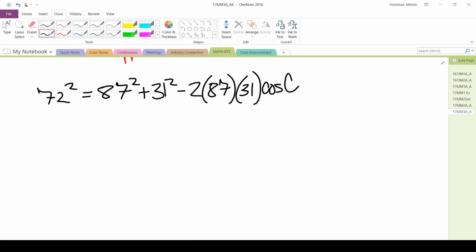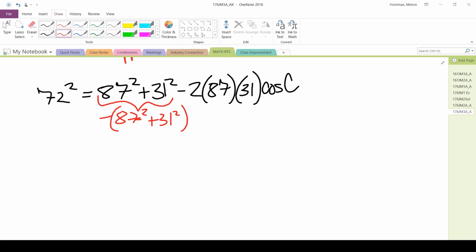So if we want to solve for C, then we need to get C by itself. So the first part of that is subtracting this portion from both sides. So we'll do minus 87 squared plus 31 squared.